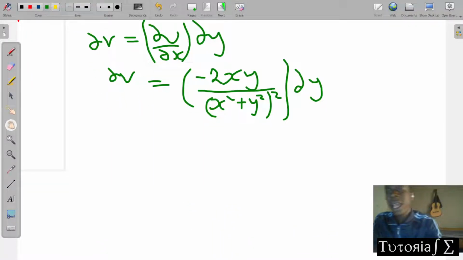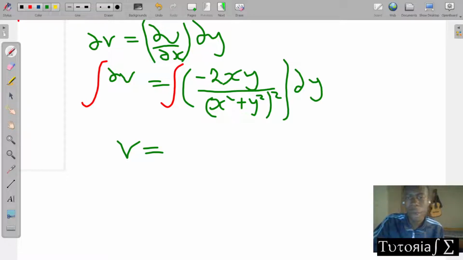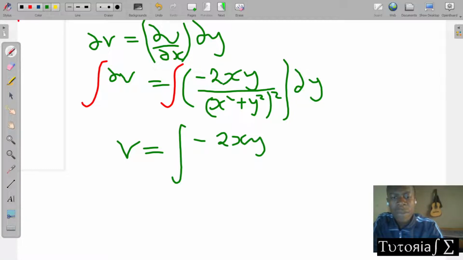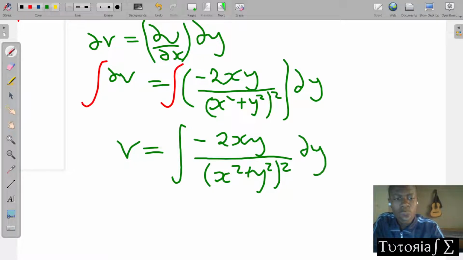So from here I just integrate both sides, meaning that my v will be equal to the integral of negative 2xy all over x squared plus y squared squared with respect to y. All right, so what do I see here?